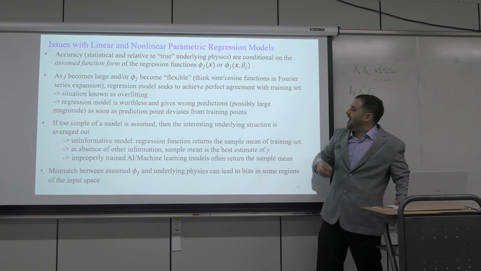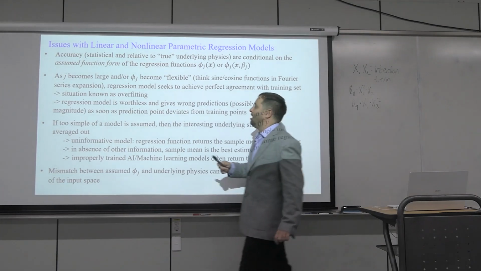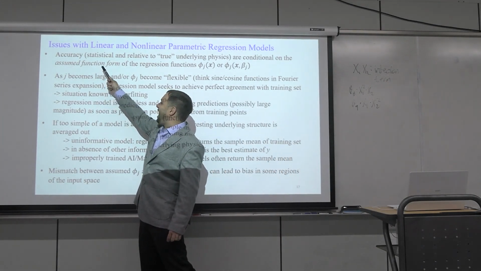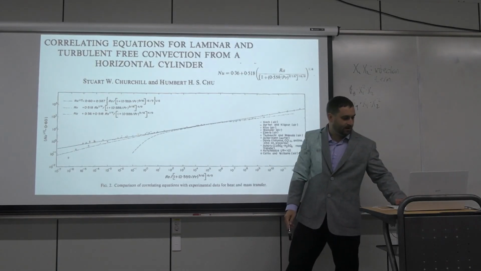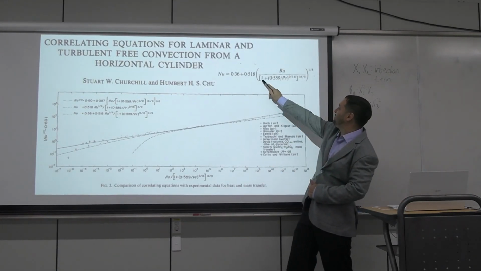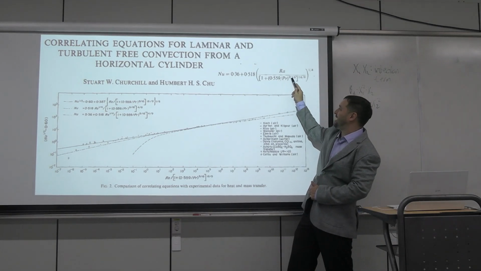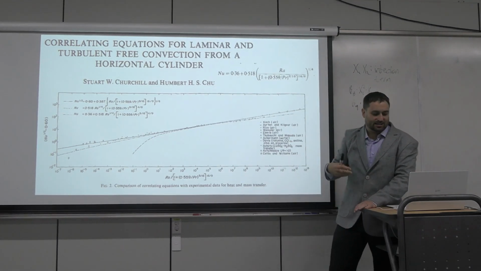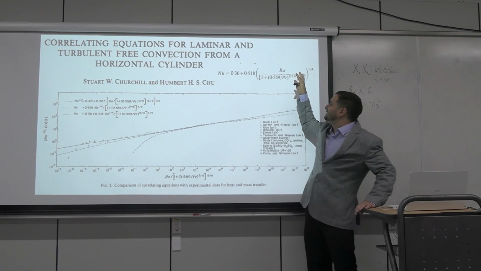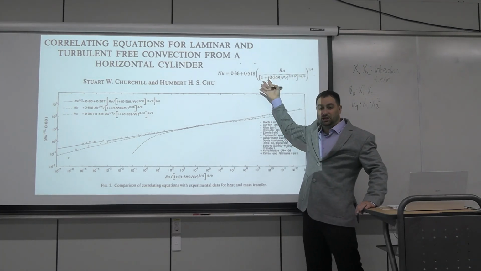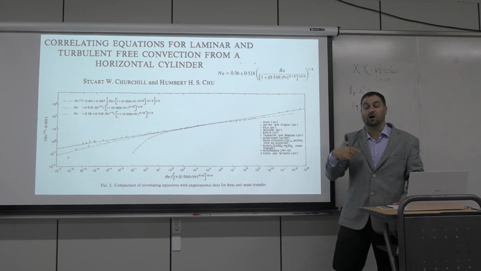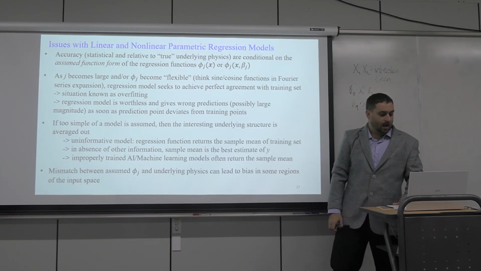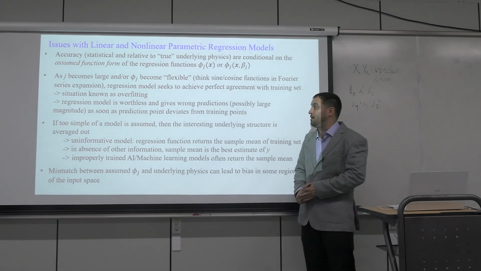So the accuracy really depends on how close this assumed functional form is. Here in the heat transfer example, they assume this Rayleigh number divided by this ratio of the Froude number raised to all these exponents. It depends on how well the form of the equation you chose represents the true underlying physics. Then there's model flexibility, the second bigger point.